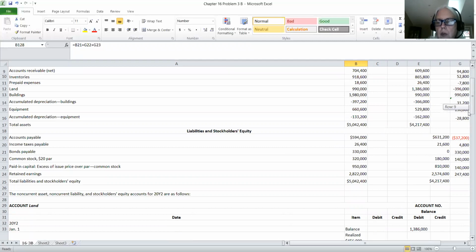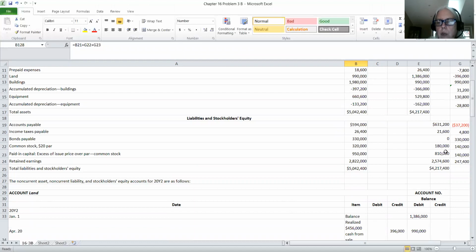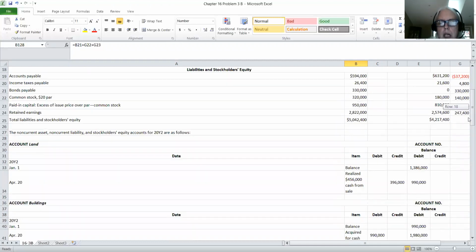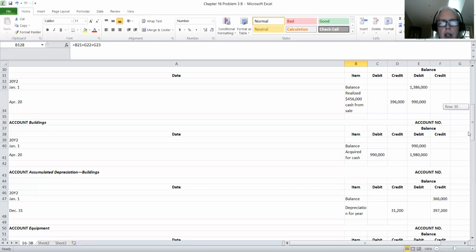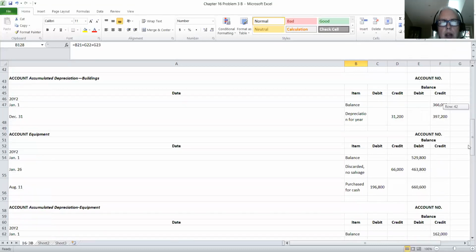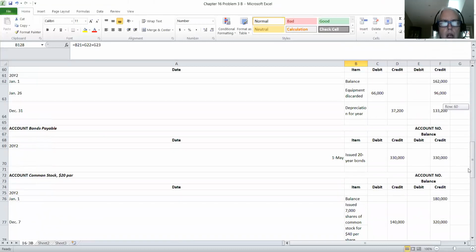You might also notice that we did issue some stock because there's an increase in the value of the stock, and there's also an increase in paid-in capital. But if you look closely at that, we did not issue that stock for cash.